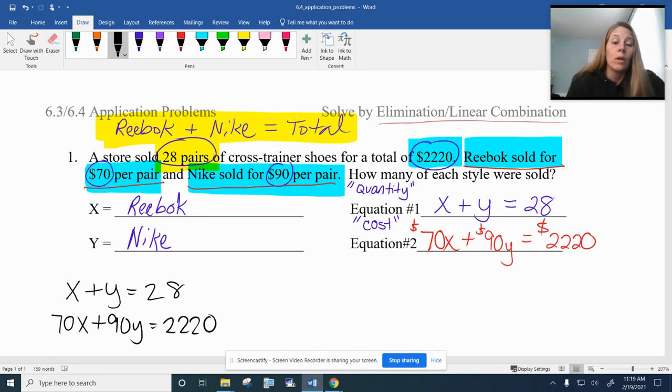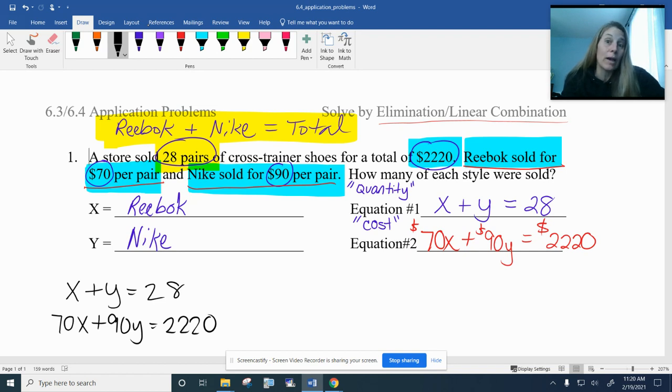Now, if you remember from the elimination method that we've been working on, we would want to somehow make it so that when we add the two equations up, either the X variable cancels out or the Y variable cancels out. Because the first equation is just X plus Y equals 28, you can easily make that the opposite of 70X.